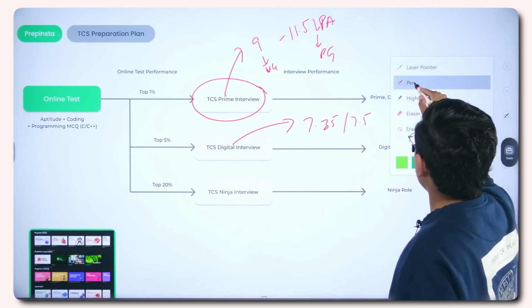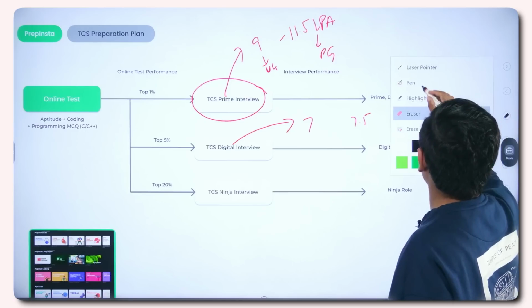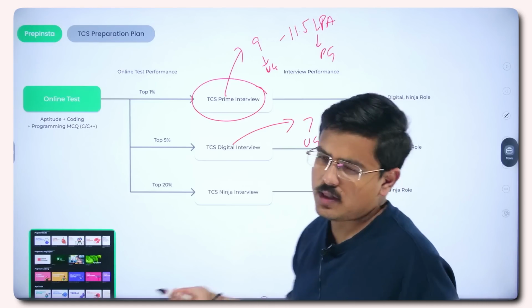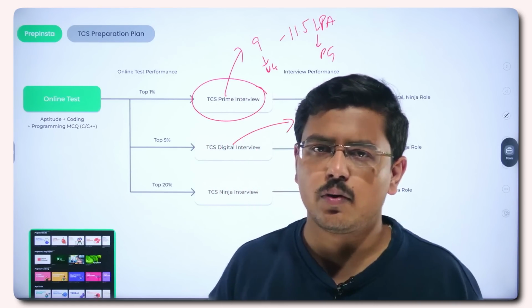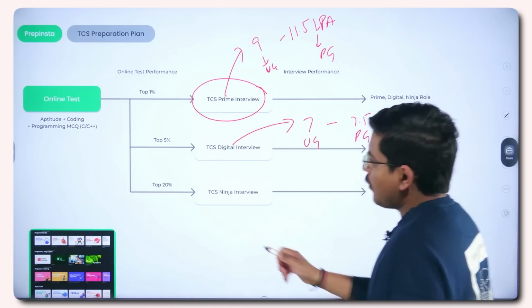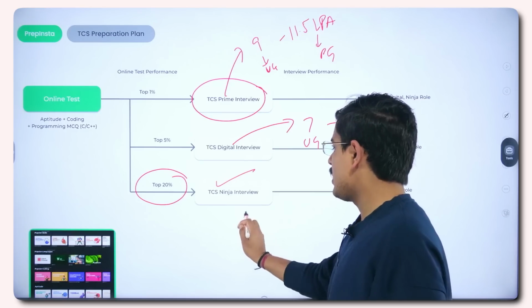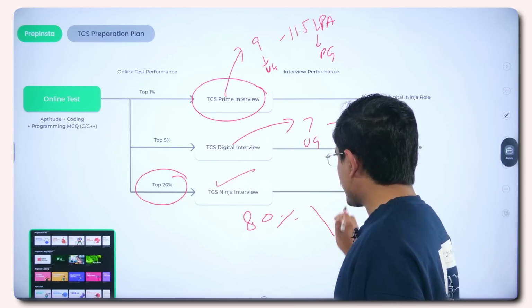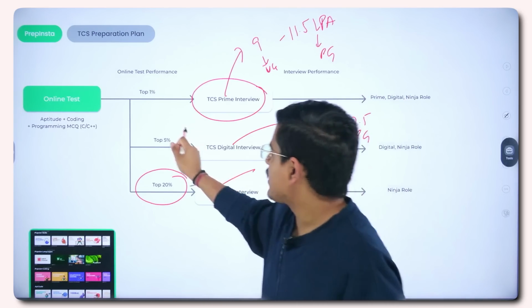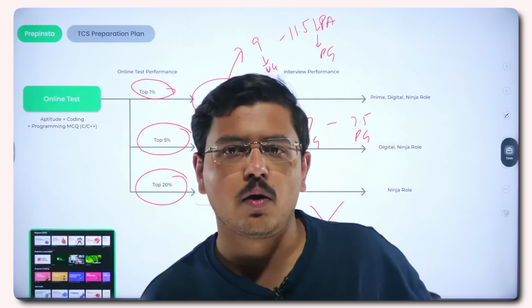So 7 to 7.5 would be the best number to quote for UG. Same for Ninja, 3.5, even 3.25 and 3.35, usually in this range Ninja remains. The top 20% of students would get the TCS Ninja call, which basically means 80% would be straight away rejected. The top 5% would get a call for digital, the top 1% for Prime. Prime is the best profile they can offer you.